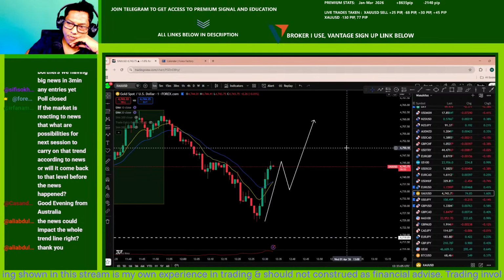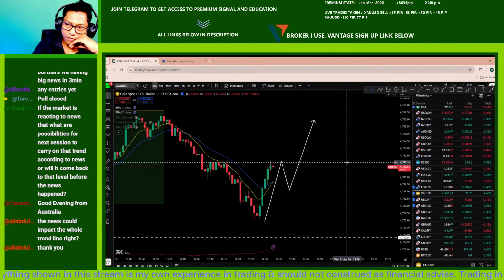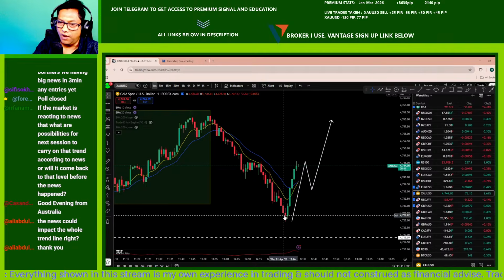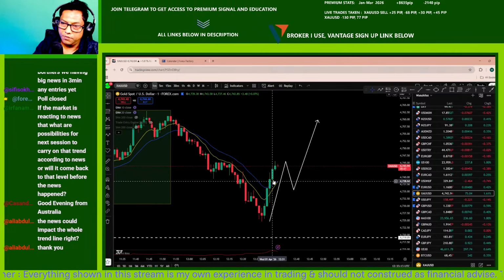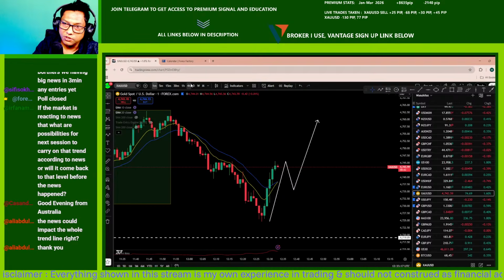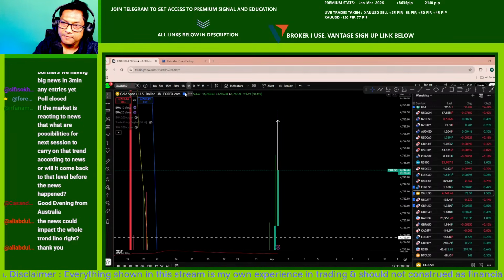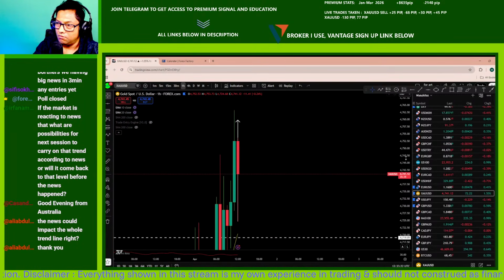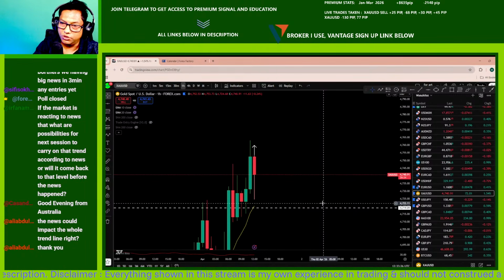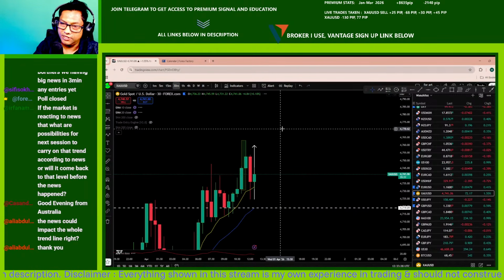Now after this initial breakout, if it drops for this pullback, it's going to be a good entry point. You want to see one more rejection back below before it finally takes off.